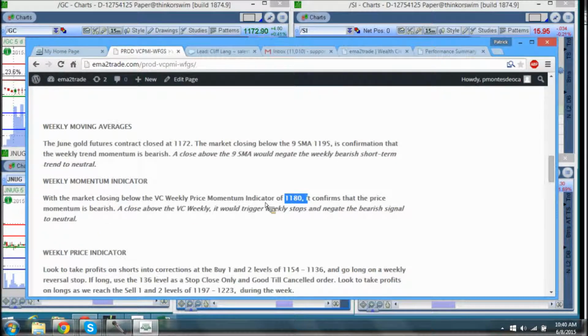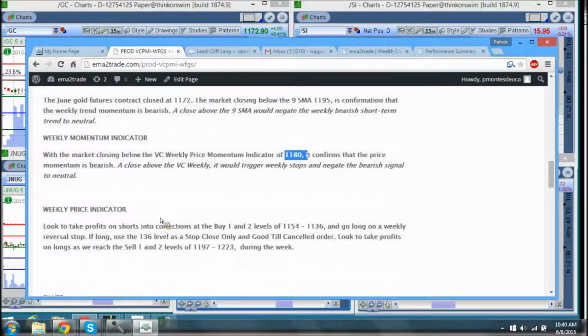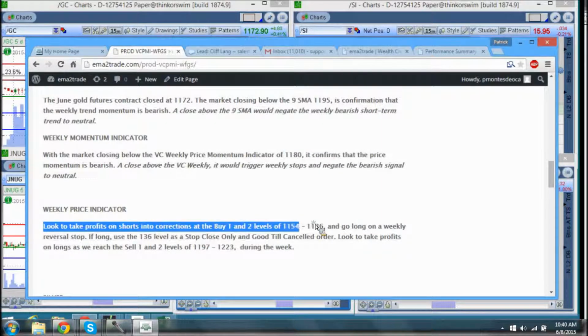So this is telling us that a close above 1180 is what we need to look to neutralize the downtrend. A second close above 1180 would activate the uptrend on a weekly basis. Here it tells you that if you're short, look to take some profits into corrections at the 1154 to 1136 levels.